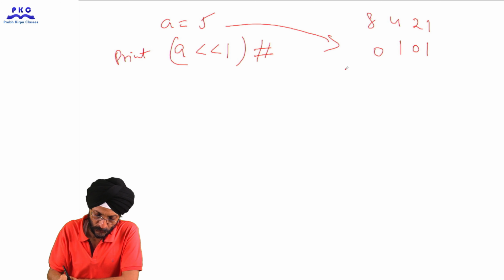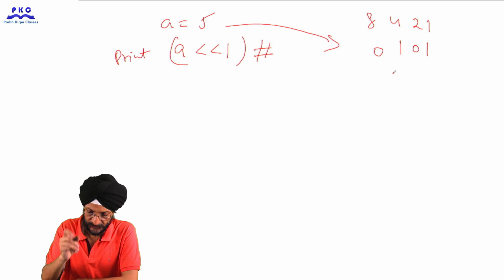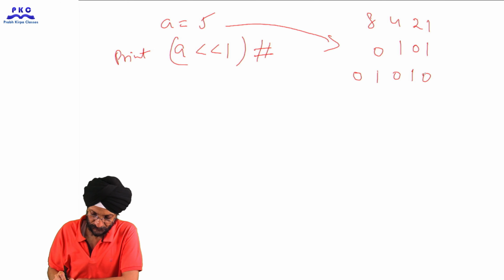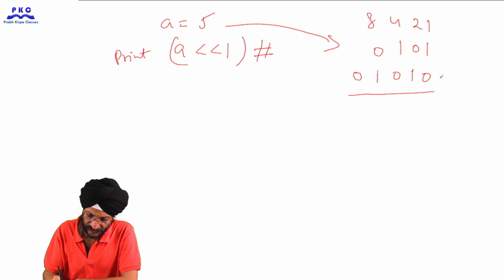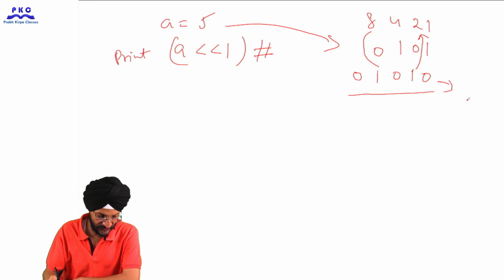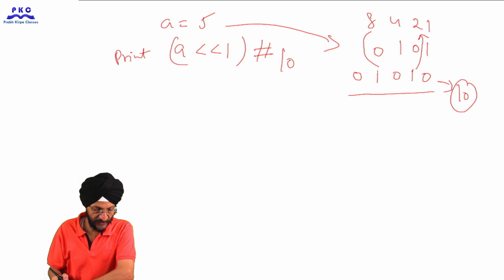Now we are to shift it by only 1, so it will become 0, 1, 0, 1, 0. Now what is the output which we will get? 8, 2. So what is the result? 10. So the output will be 10.